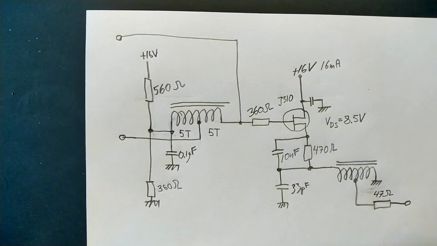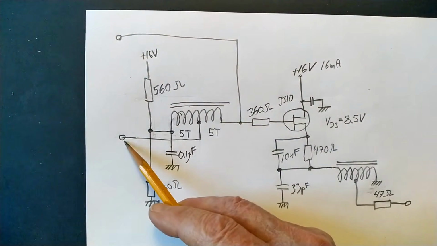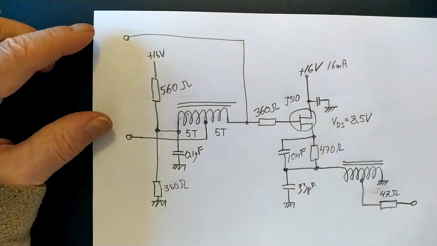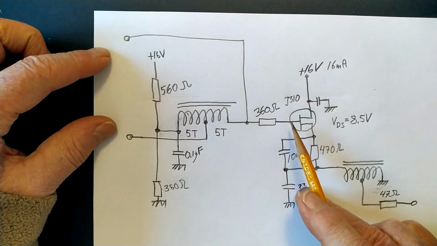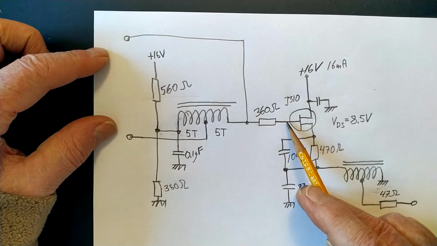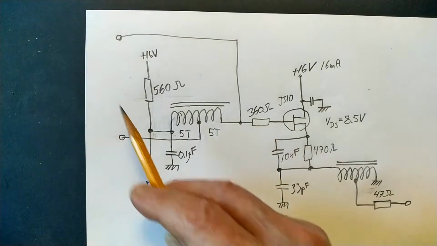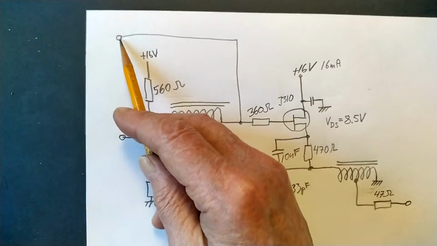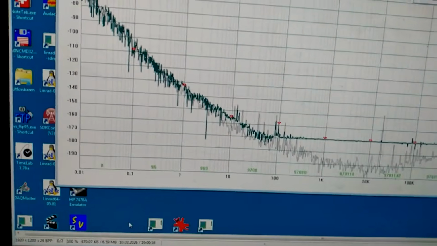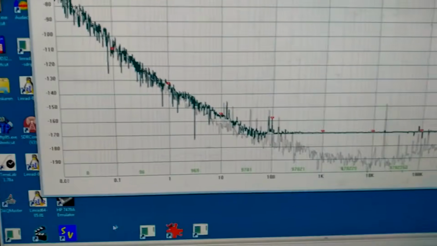But now I have added a second input, means I can set the signal in here and leave this one open. And I have done that. This means that the impedance feeding the gate of the FET has dropped from 12 kilo ohms to 3 kilo ohms, well, plus 360 ohms, because I feed through the same 3 kilo ohm resistor that I used before. Here is the noise I see feeding directly to the gate of the source follower.